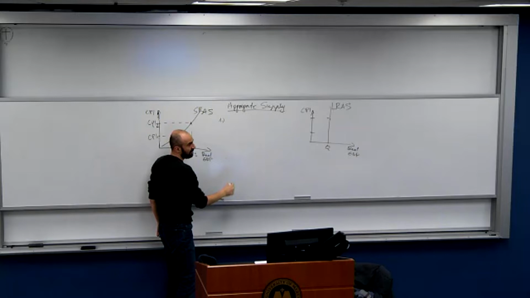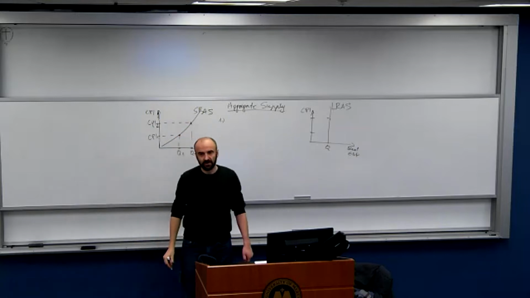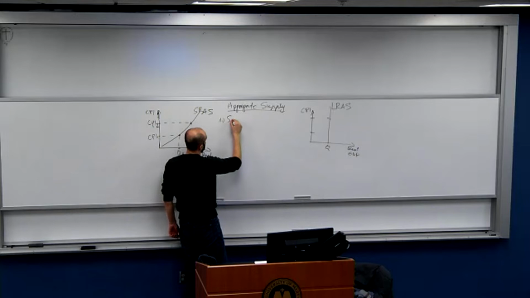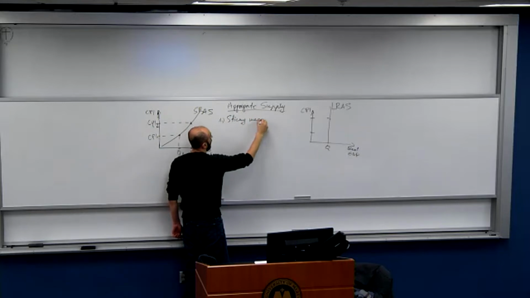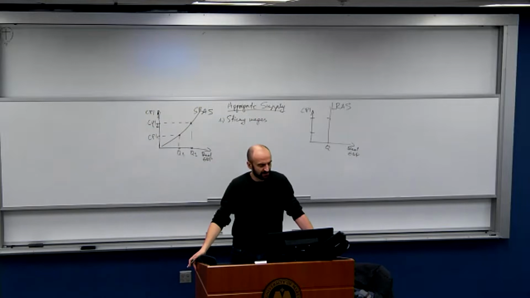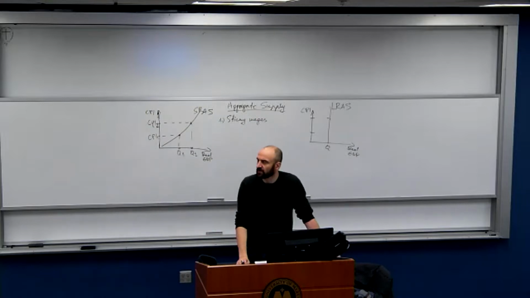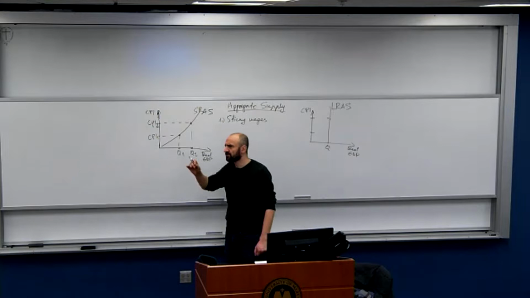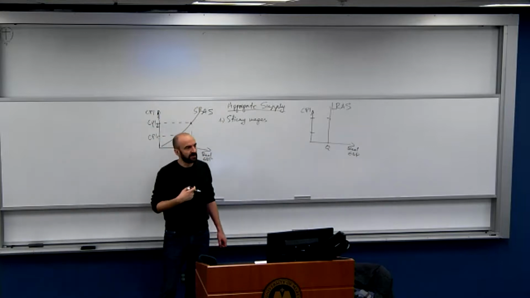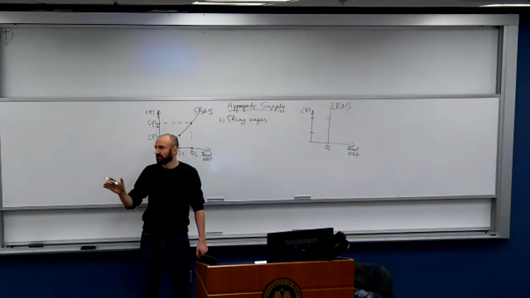Number one, something called in economic theory, charmingly, sticky wages. So stickiness of wages and prices is one of the important technical concepts in macroeconomics. It refers to the fact that some prices, including prices of some types of labor, are fixed by long-term contracts.